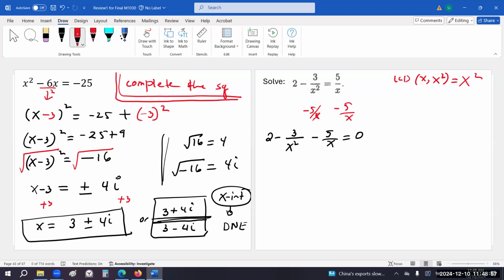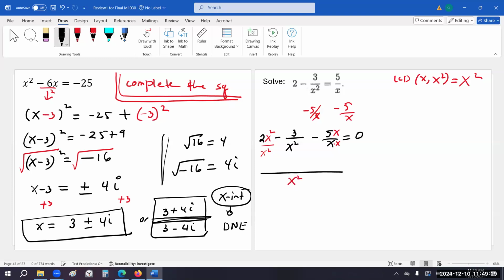So the first one doesn't have any denominator. We want x squared, so we put it on both top and bottom: 2x squared. The second one already has x squared, so you leave it alone. What do we need on the third one? Another x. And now we are happy because all of them have x squared.